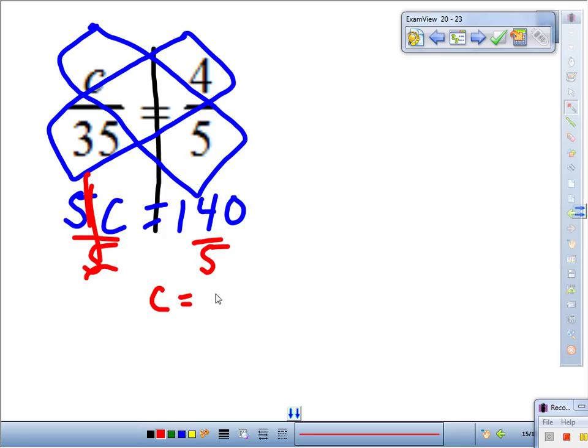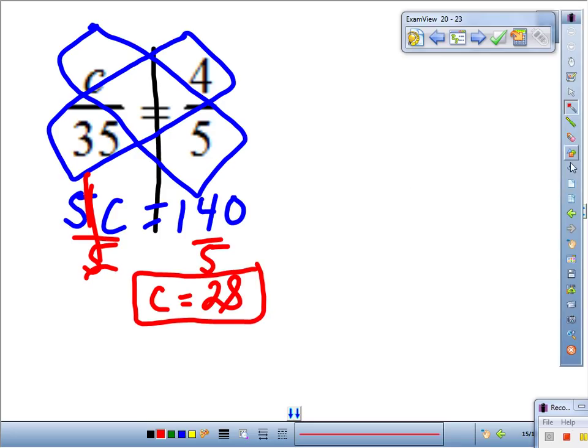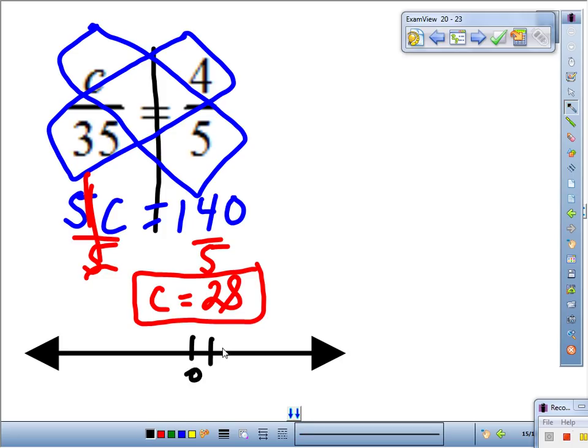C equals, what is it? 28. All right. Simplify, isolate. Let's plot. Draw your number line. Thank you. 0, 1, 2, 3, dot, dot, dot, 28, plot.